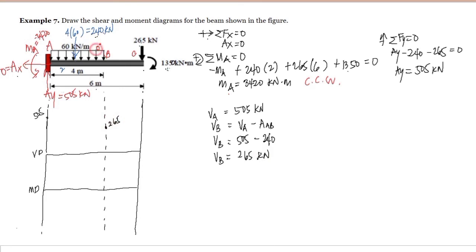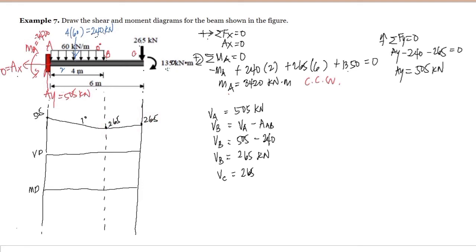Since the load is degree 0, in our shear diagram we have degree 1, so this is just a line. And the shear at point C is equal to 265 plus the area between B and C. Since there is no area there, that is just equal to 0, meaning this is just constant at 265, a straight line.